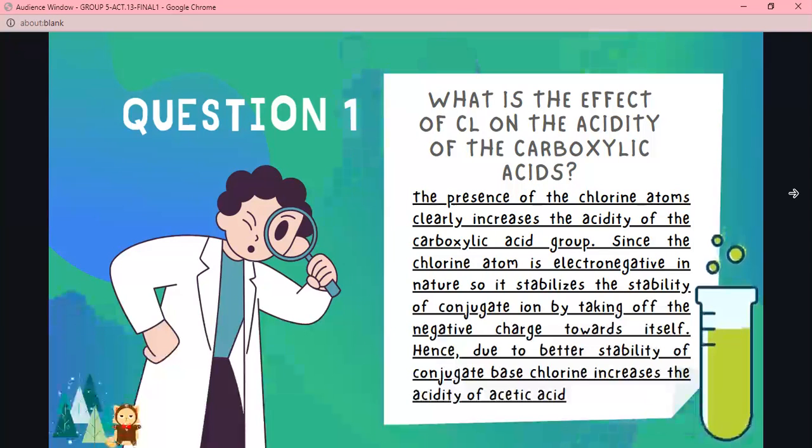Hence, due to the better stability of the conjugate base, chlorine increases the acidity of acetic acid. So the number of chlorine atoms is directly proportional to the acidity of the carboxylic acid. To put it simply, when the number of chlorine atoms increases, the more acidic it is.